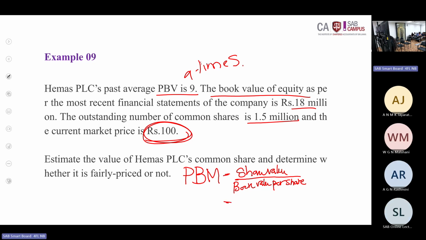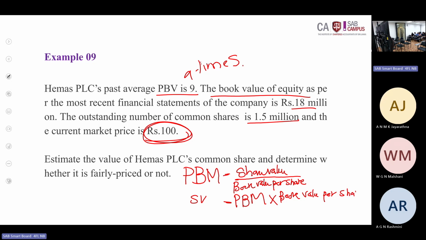We don't know the share value. So if you know the PBV, sorry, PBM, you can multiply it by the book value per share.